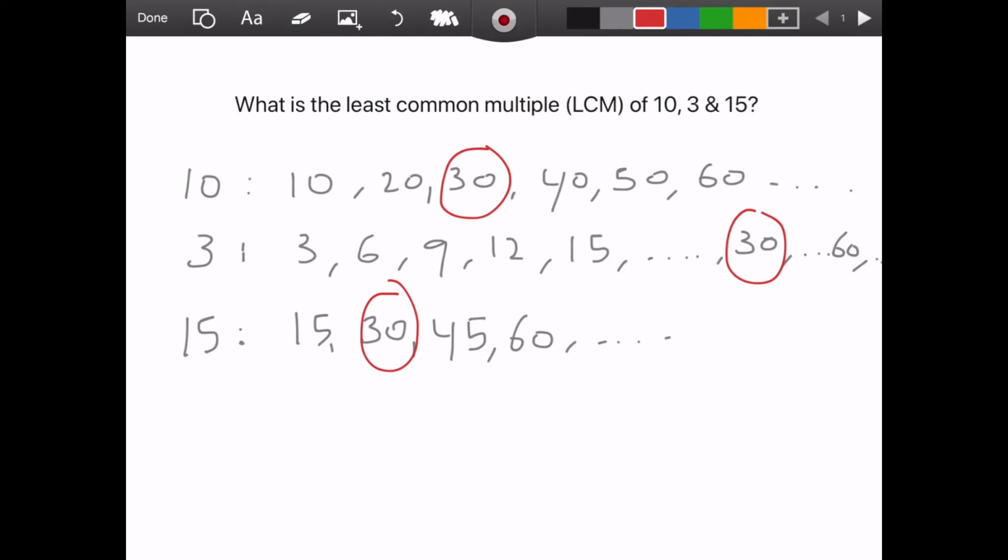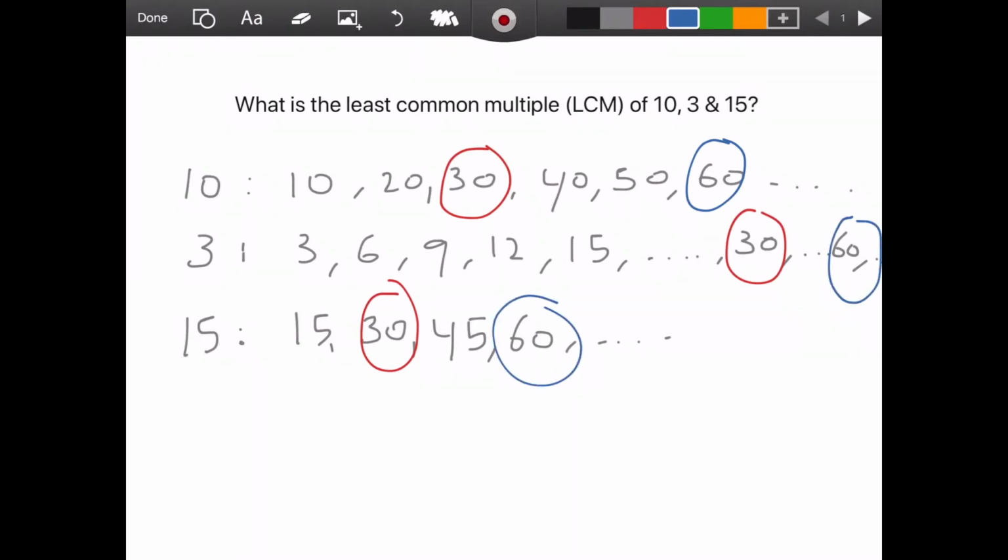What else? 60 is also a common multiple, right? So there is 30 and there is also 60. Let me use a different color for 60 so that it's easier for us to see. We use blue, okay?